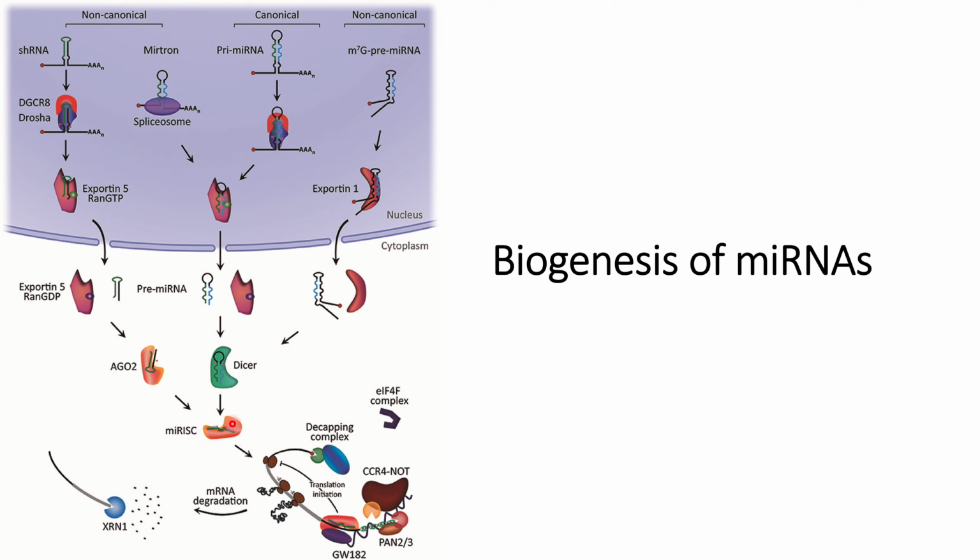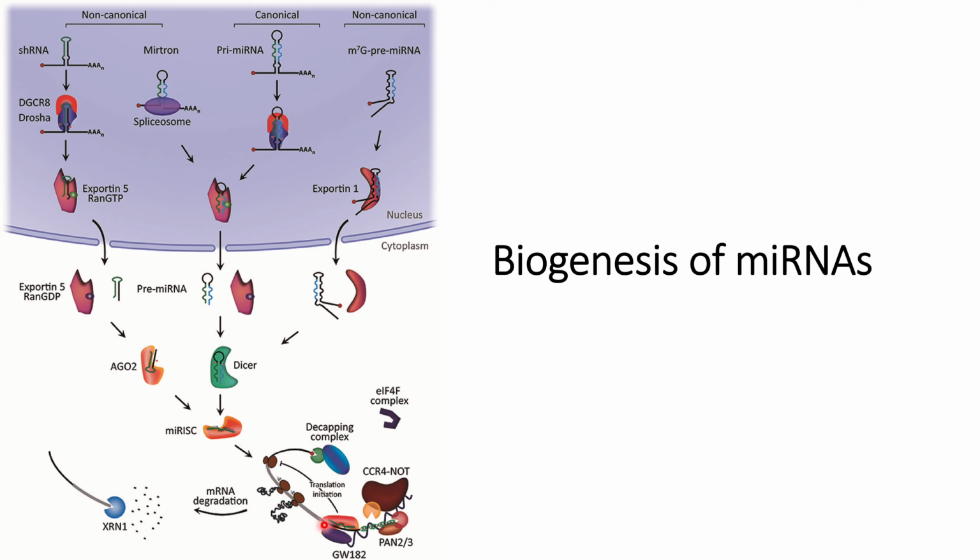And this miRISC complex, as I have already told you a moment ago, can interact with the mRNAs. In most cases it will inhibit mRNA translation. However, in some cases it can lead to overexpression of the mRNAs also.